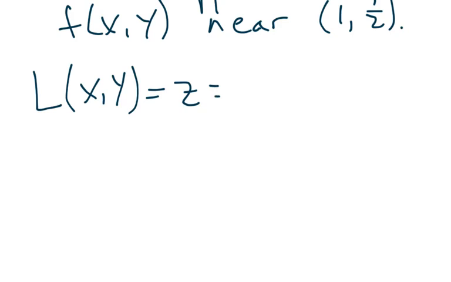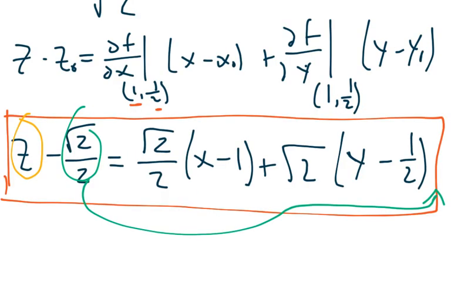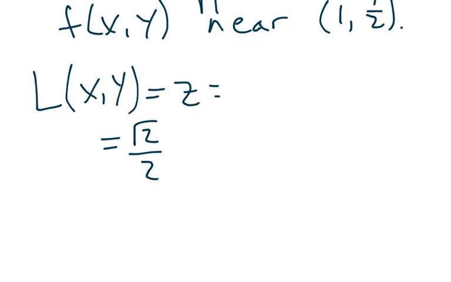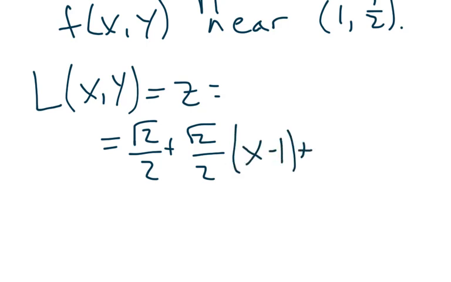So z, which I'll write on the next line, is square root of 2 over 2, plus square root of 2 over 2 times x minus 1, plus square root of 2 times y minus 1/2.